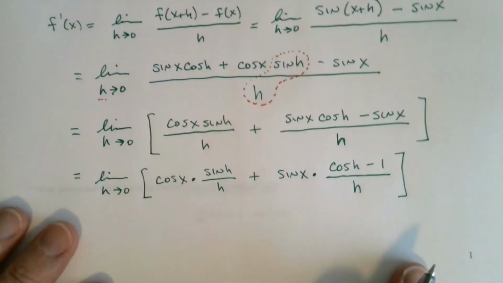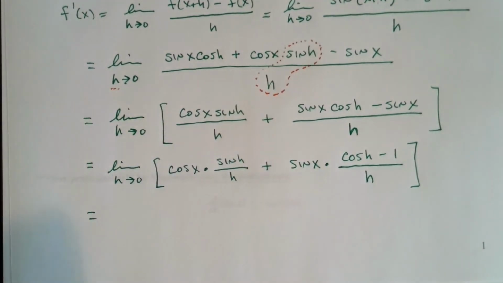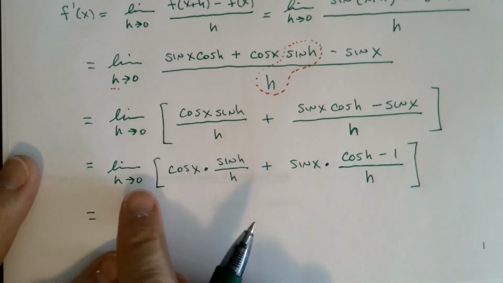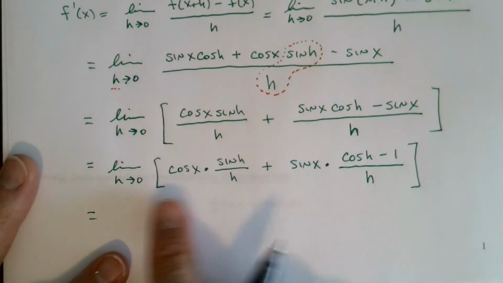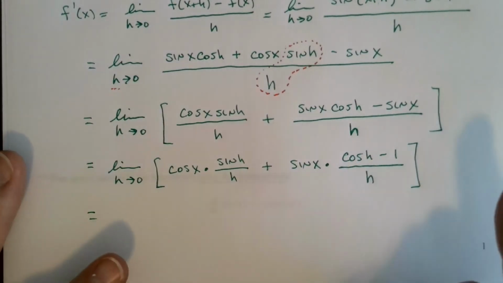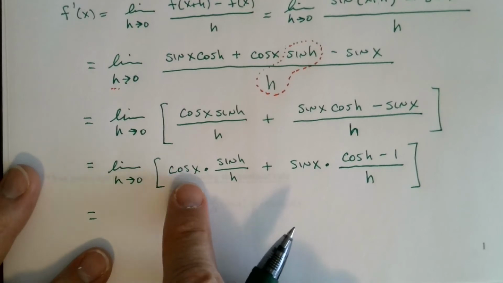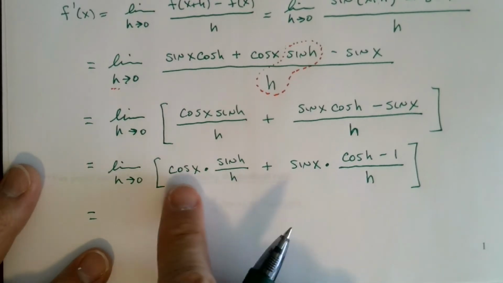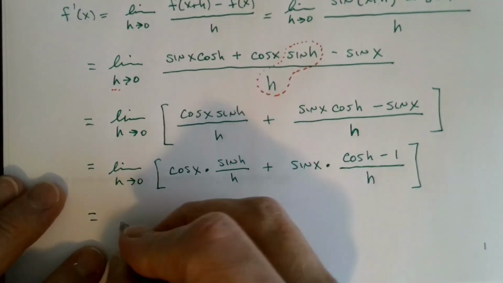So both of these limits pop up in this wonderful expression that we have to find the derivative of the sine function. Now, we have the limit of the sum of two functions. So that is the sum of the limits, provided what? Provided those limits exist. And then I have a product, right, in each case, and the limit of a product is the product of the limits, provided, again, the limit exists.